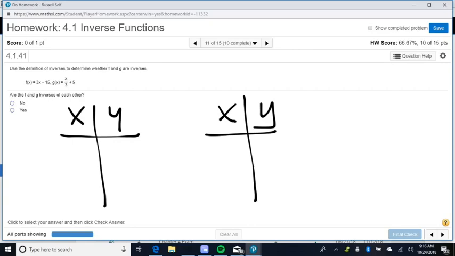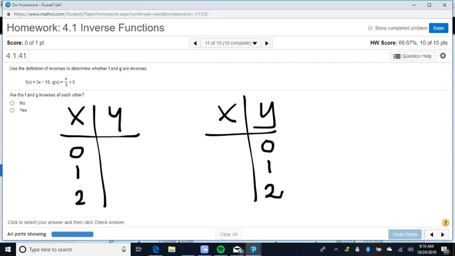So we could literally choose some easier x values and then see if we got exactly the same, the opposite numbers on the other side. Okay? So let's do that and see what happens.